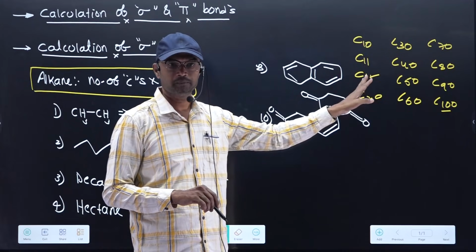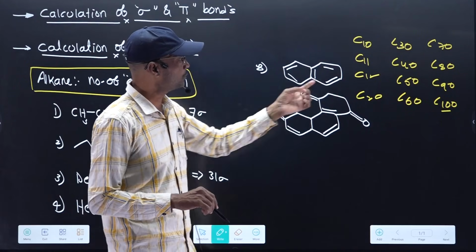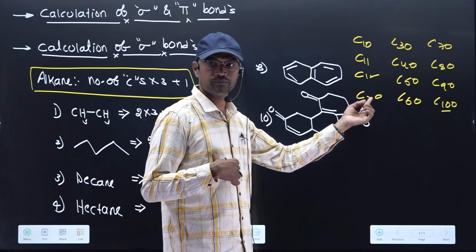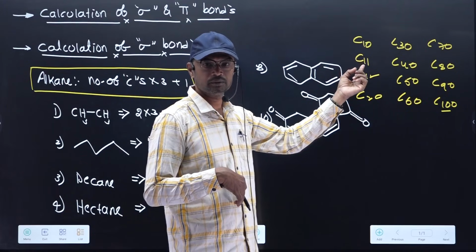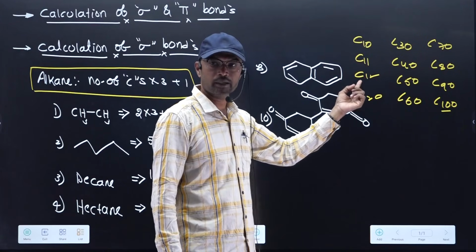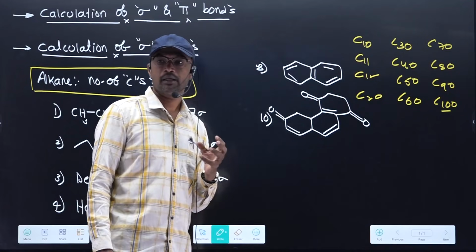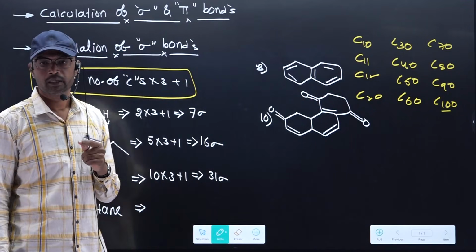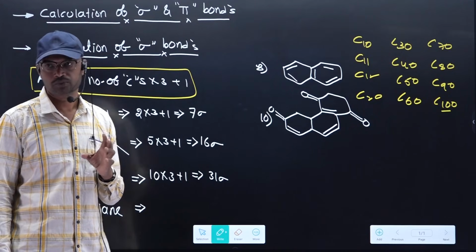Root words you should remember. In nomenclature I will explain, but right now remember up to 20, I think you are familiar. Undec, dodec, tridec, tetradec, 19 nonadec, 20 eicos, 21 heneicos, like that.